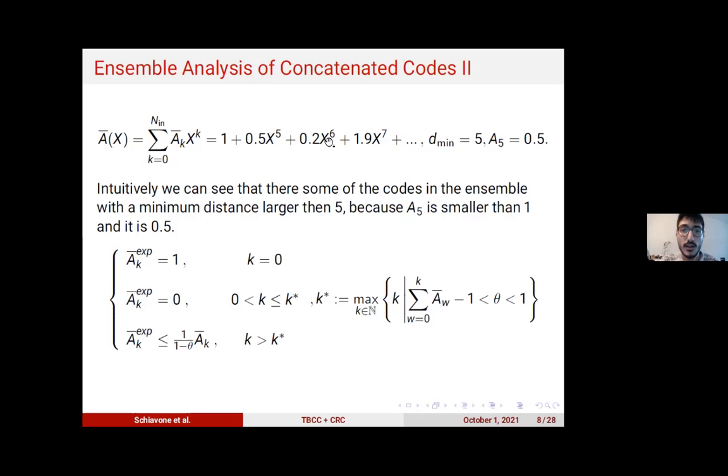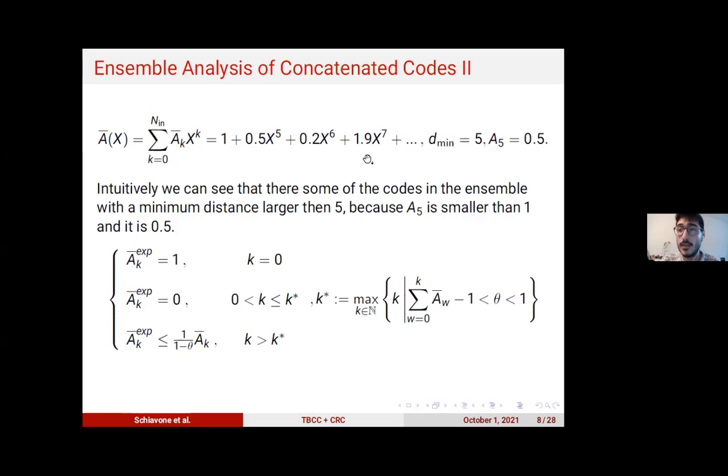How to find easily the expurgated ensemble? It is summing all the terms except the degree 0 term, summing all the coefficients up to have a number which is greater than 1, the first time we have a coefficient greater than 1. So for instance, in this case, if I sum up to the 4th term, I have 0. Then if I sum also the 5th, I have 0.5. If I sum also the 6th coefficient, I have 0.7. And if I sum also the 7th, I have 2.6.